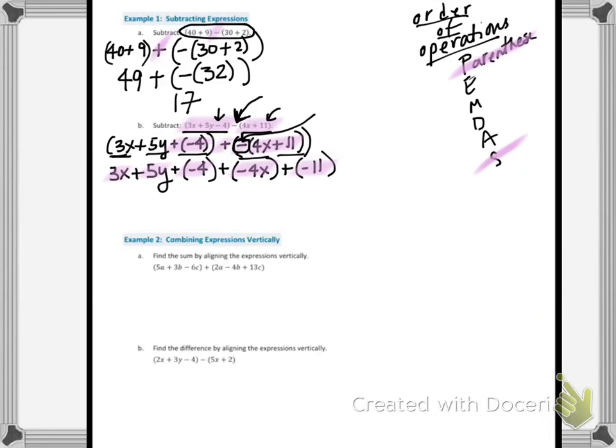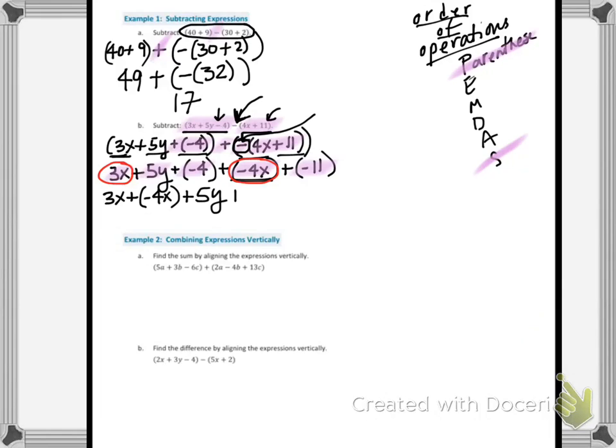So if we combine our like terms, we have 3x, and we're going to add that to a negative 4x, okay, which came from over here. Okay, see that one here? So here's these two are like terms, okay. Then we're just going to add the 5y, because that's the only y that's around, okay.